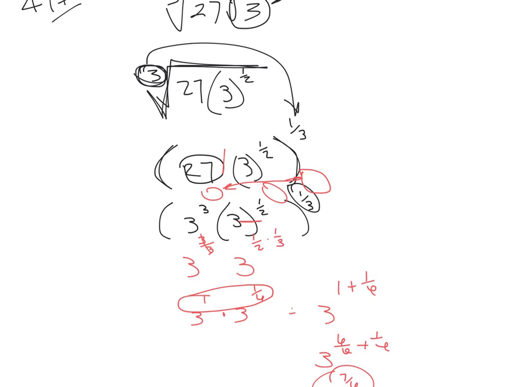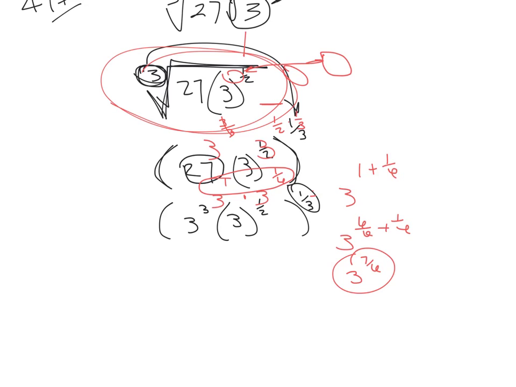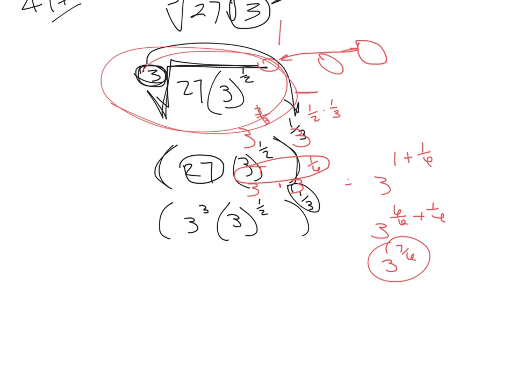And that's what we end up getting for an answer for this thing clear up here. But see, when it's written in radical form like this up here, you can't do anything with all this. You're like, I have no idea what to do with it. Well, change your radical to fractional exponents, and then you can work it out. And then, once you get it all worked out, notice I have this kind of a goofy answer.